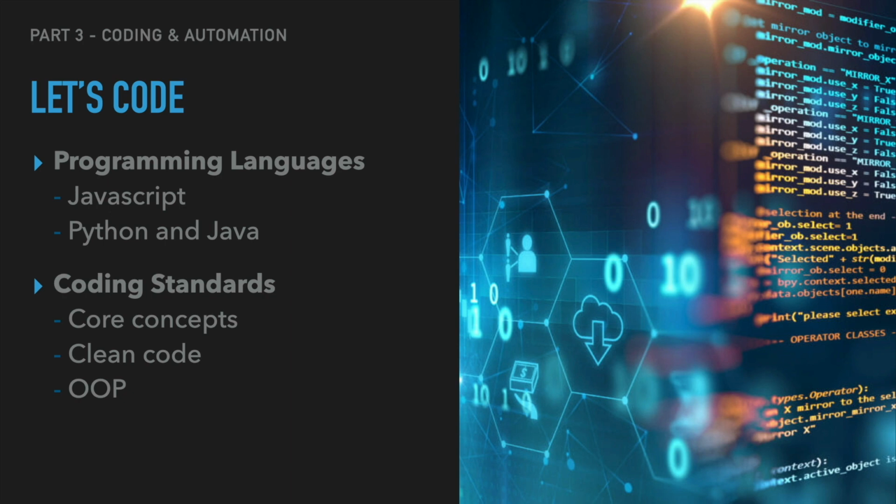Technically it does not matter which programming language you learn, as long as you understand all the concepts. Remember that you are not looking for a developer role, so you will not be building robust backend systems or something like that.